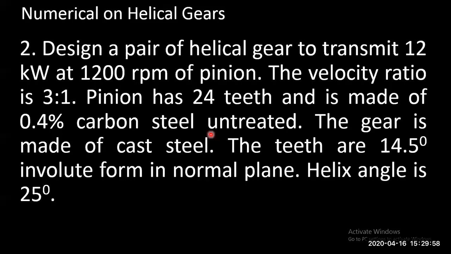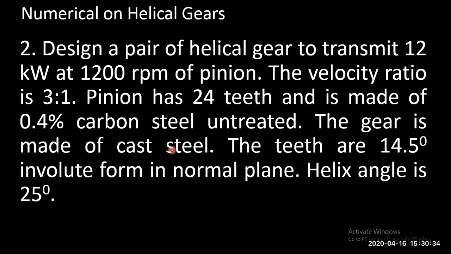Sometimes this question may be twisted a little bit: after giving all this data, it may just ask what all could be found, one by one. In that case, you need to write the steps. Step 1, find the weaker member. Step 2, find the module using the tangential tooth load equation. Step 3, calculate the gear tooth parameters like dimensions.